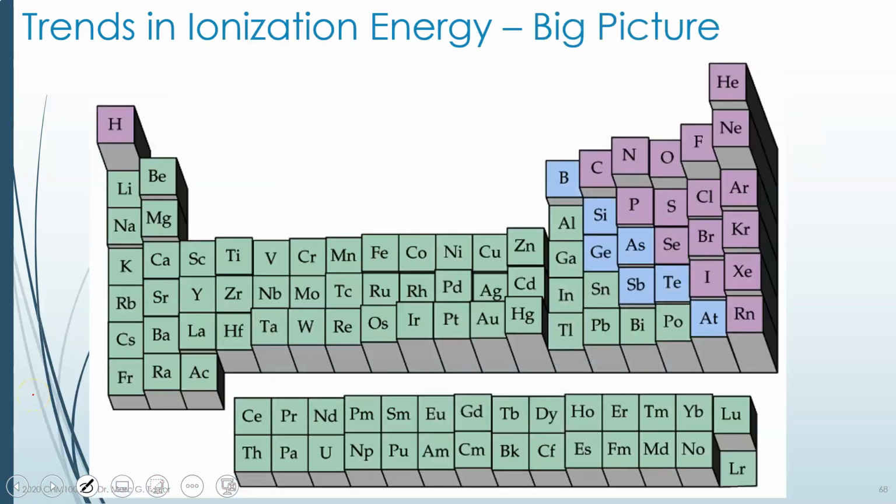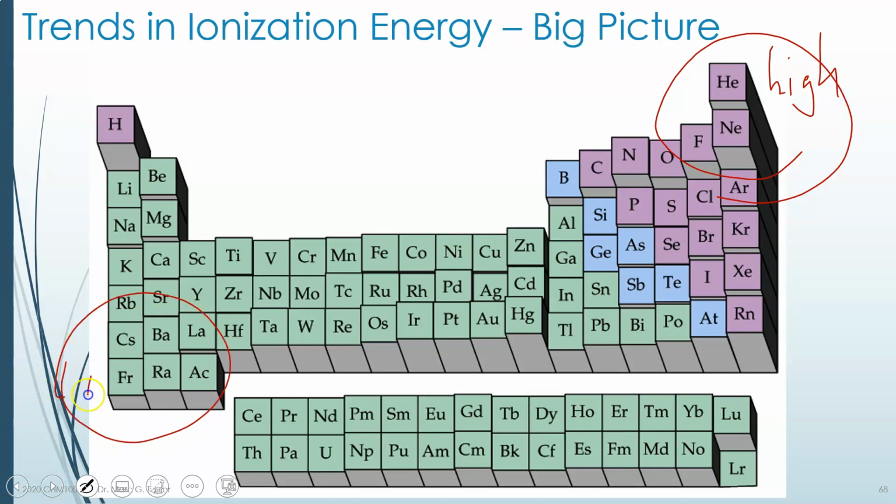So if we look at a periodic table where the height of each atom represents the ionization energy, the tall blocks represent high energies, which means it's very hard to remove the electrons, so we see that these have the highest ionization energies, whereas down here we have the lowest ionization energies.